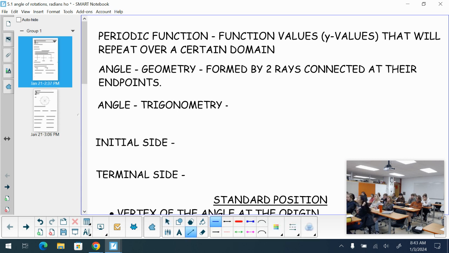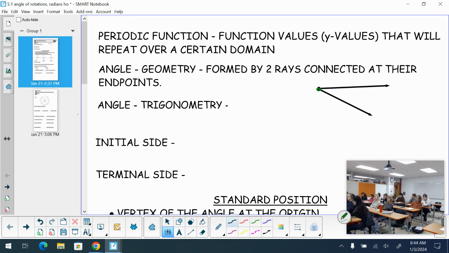So we had one Ray, we had Earl Ray, we had Billy Ray, we had two Rays that are the Ray brothers. We connect them at their endpoints here. We form some angle. And that was our definition of an angle when we're talking about geometry.